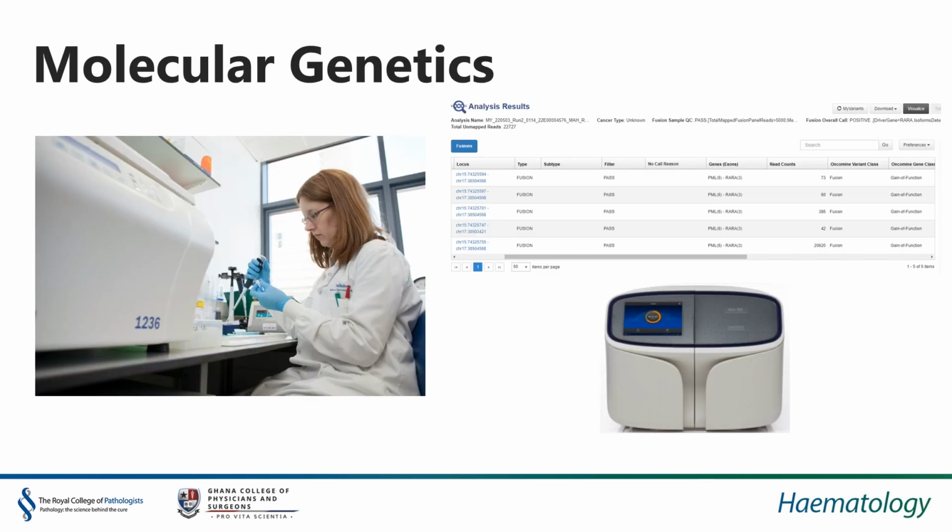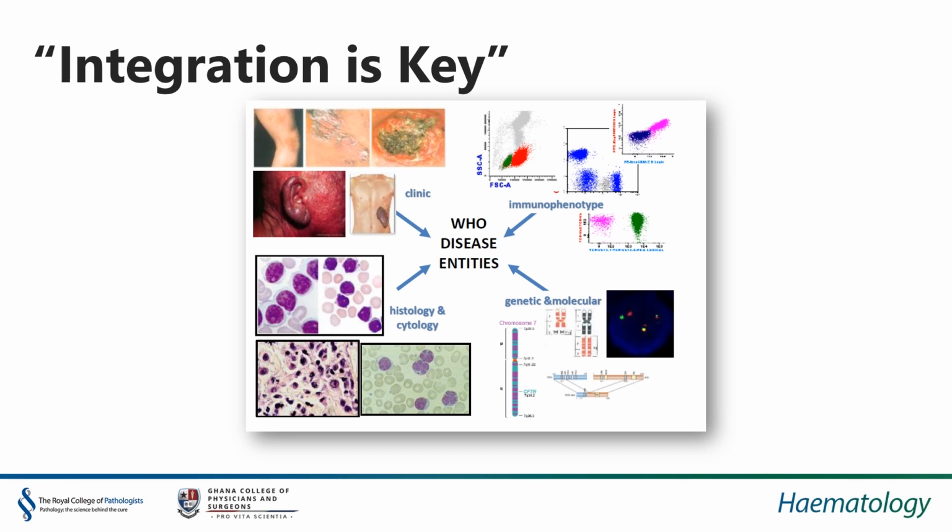And of course we've got molecular genetics, such as FLT3 and NPM1 mutation screening, as well as next generation sequencing. So really, flow cytometry is only a small part of the integrated diagnostic process, particularly for acute leukemias.